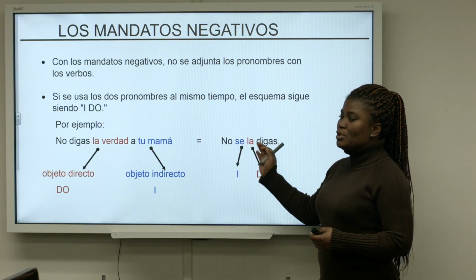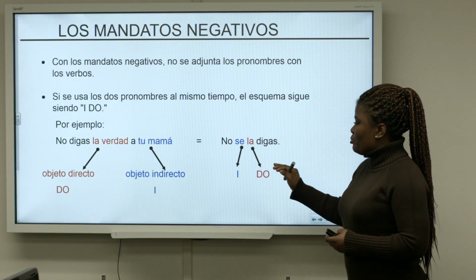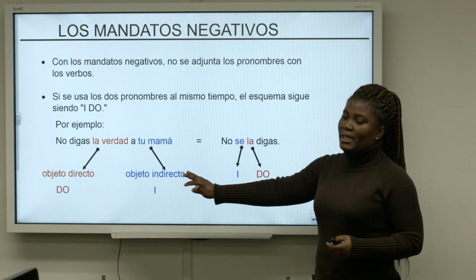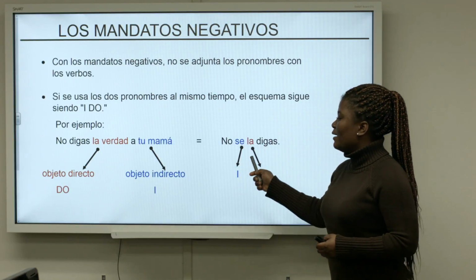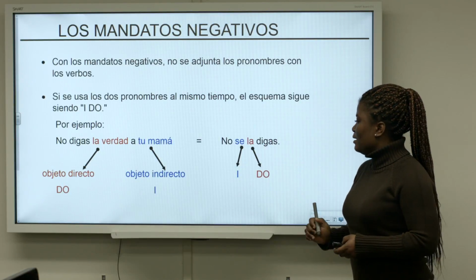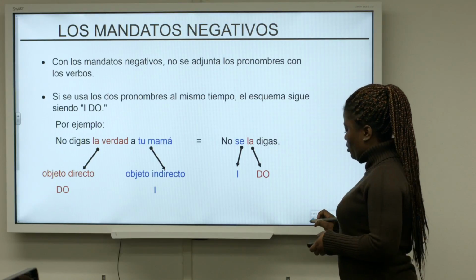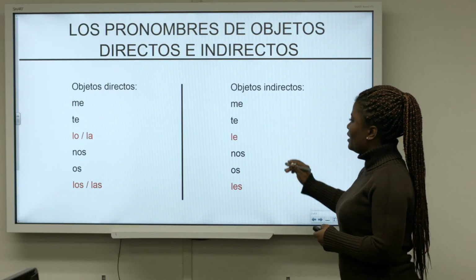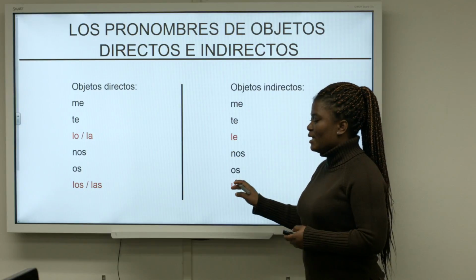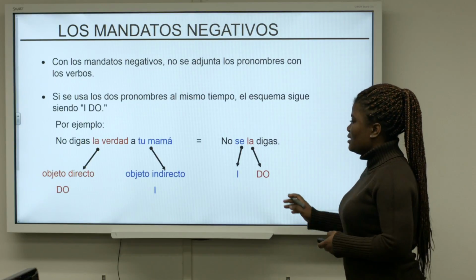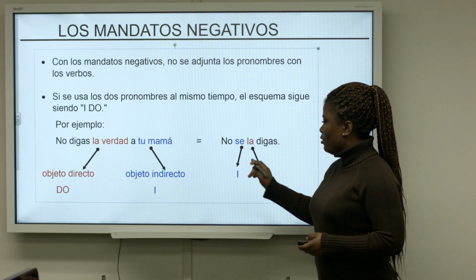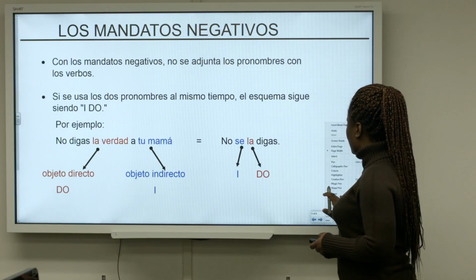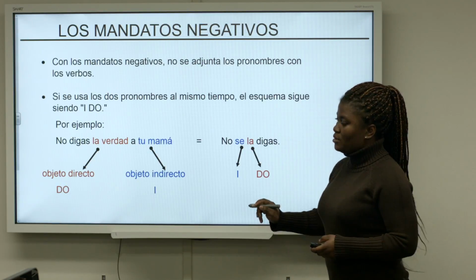So when you want to use pronouns in the sentence to replace the original nouns, then you have no se la digas. Now, when we go back to our table for the indirect object pronoun, we have le and les. But when we come to the sentence, we realize that the indirect object pronoun has changed to se, and we'll see why right away.